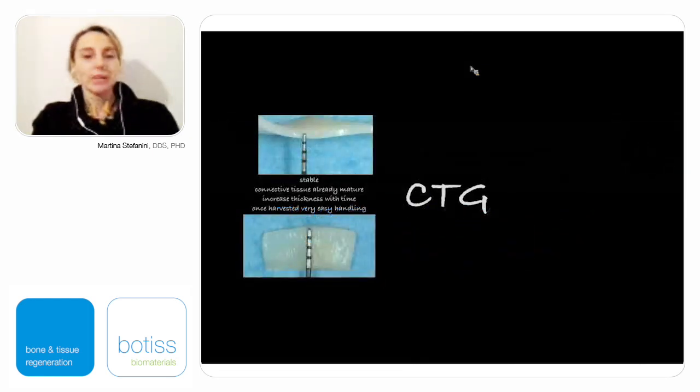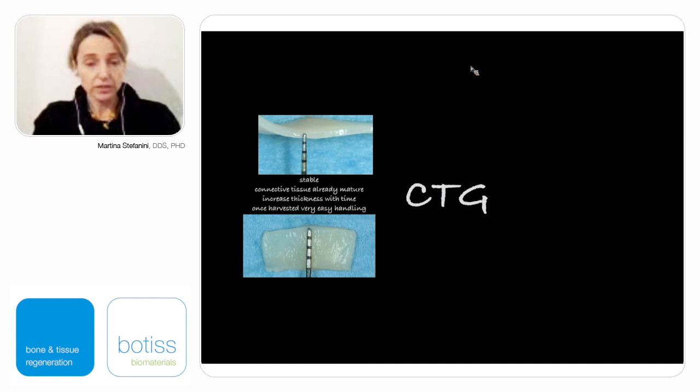When we speak about gingival recession, soft tissue dehiscences, our first thought is regarding the use of connective tissue graft.